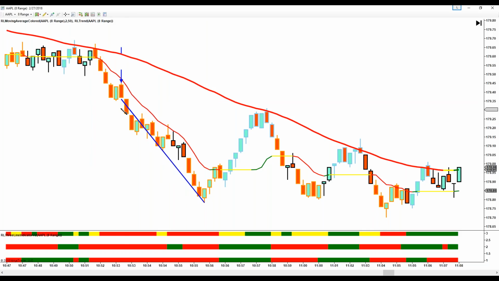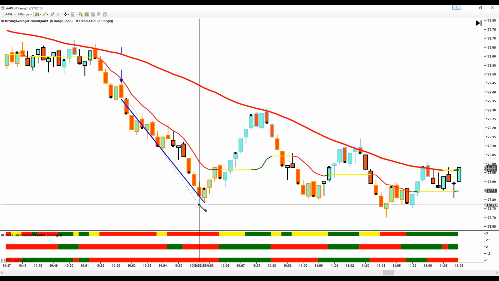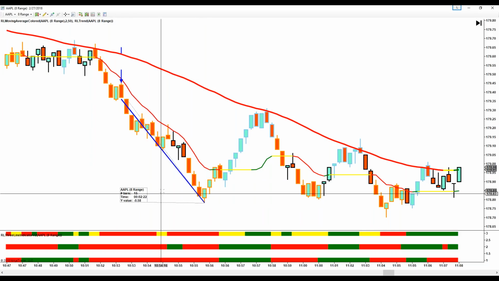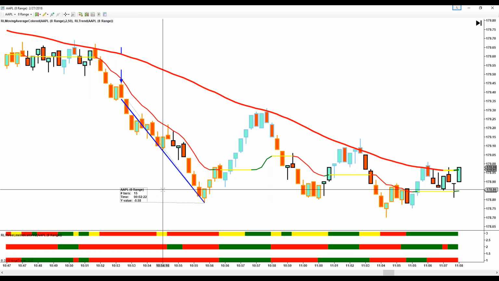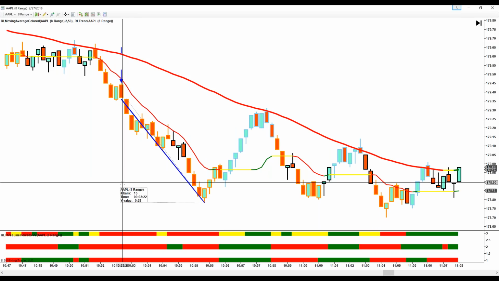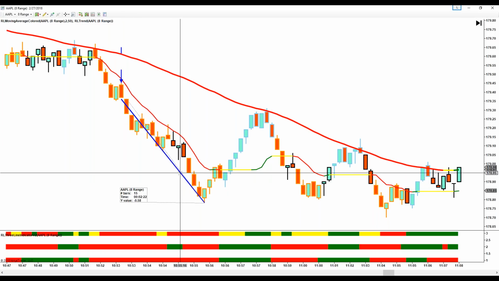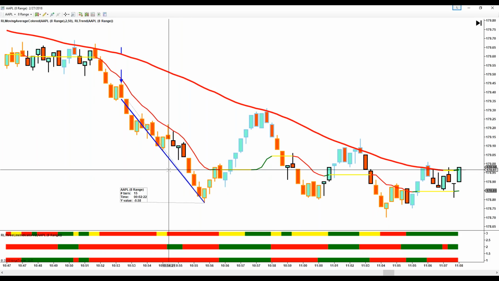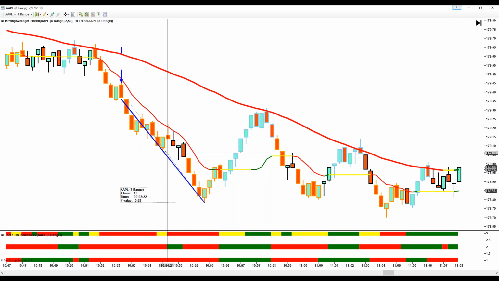Remember, you're only taking 10 cents of risk, and you get 58 cents. That's a 6-to-1 risk to reward. So you could get 6 losers, which you'll never do, and 1 winner in order to make money. I mean, that's the kind of risk to reward you look at in stocks.